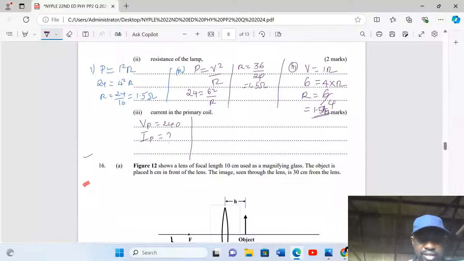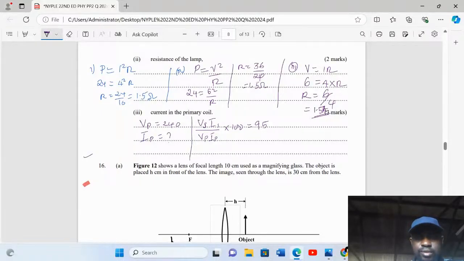Therefore, since we are given the efficiency, we can say the power output, VS multiplied by IS, divided by VP times IP, times 100. Now we're supposed to get 95. VSIS, you already have it, it is 24. Therefore, 24 divided by 240 times IP is equal to 0.95.